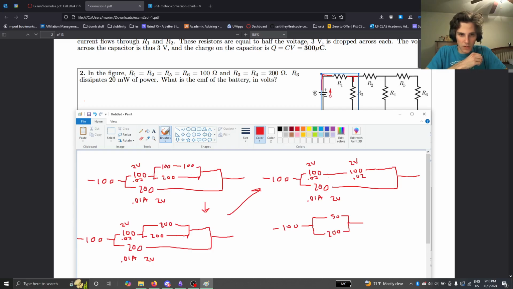Then R2 splits into R4, which is correct. R5, R6, perfect. This merges into 200. Gotta make sure I got my, yes, that's correct. That's how it works. And then I'll check again. 1/200 plus 1/200. That is indeed 100. Yes, it did work like that.